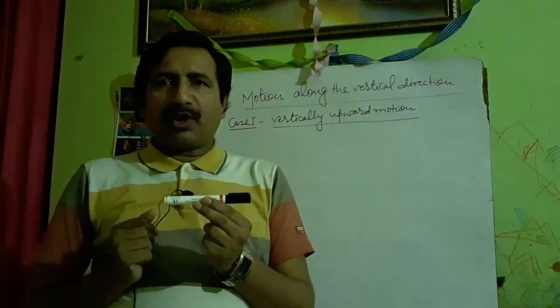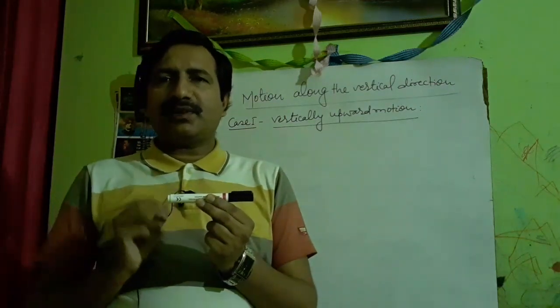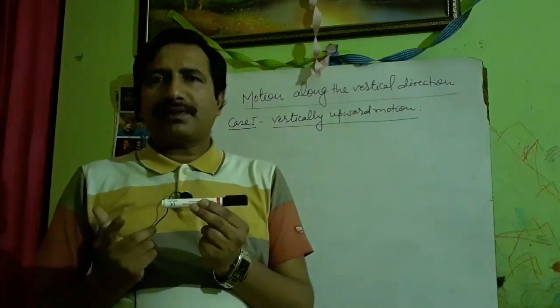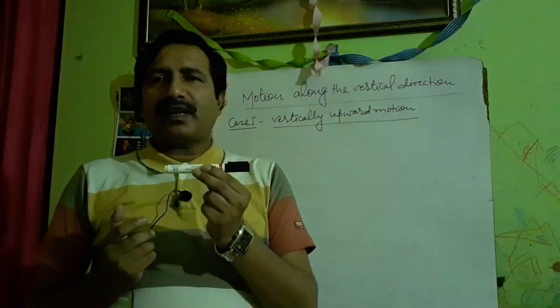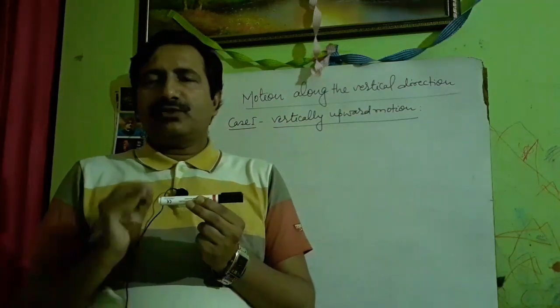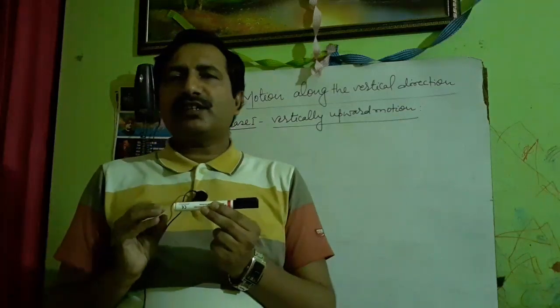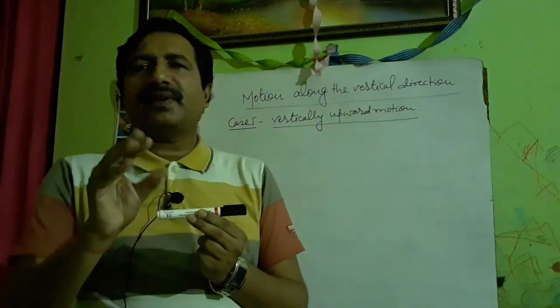Can you throw the body upward without any initial velocity? No, your answer will be no. You cannot throw a body vertically upwards without assigning any initial velocity. To throw a body vertically upward, you have to throw it with certain velocity.